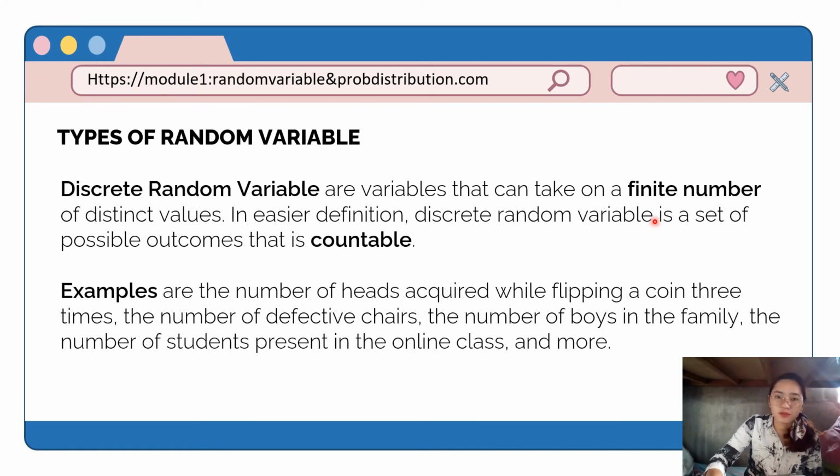Countable po siya. So, example ngayon, yung kaninang mga example natin ng number of heads, yung sa bibilang. Number of defective chairs, pwede yun sa classroom, kasi bibilangin din, nabibilang. Number of boys in the family, nabibilang din po yan, at may finite number po yan. And number of students present in the online class. Yan. So, and many more.